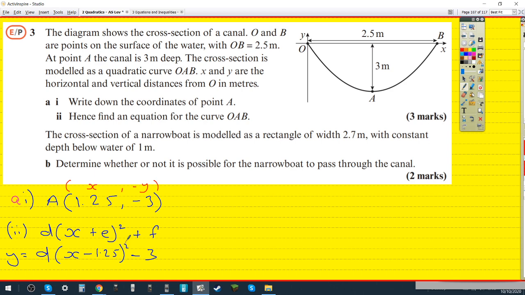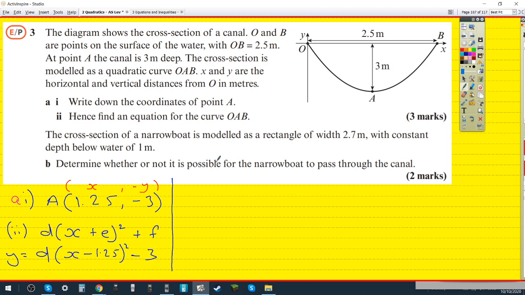Okay. Minus 1.25 for that, so that bracket becomes 0. That will end up giving us 0. If we put in x is 1.25, then we'll get 0. So that will eliminate the d. So that won't work. Any other coordinate we can use? 2.5. Yeah, we can use that one. And then comma -3?